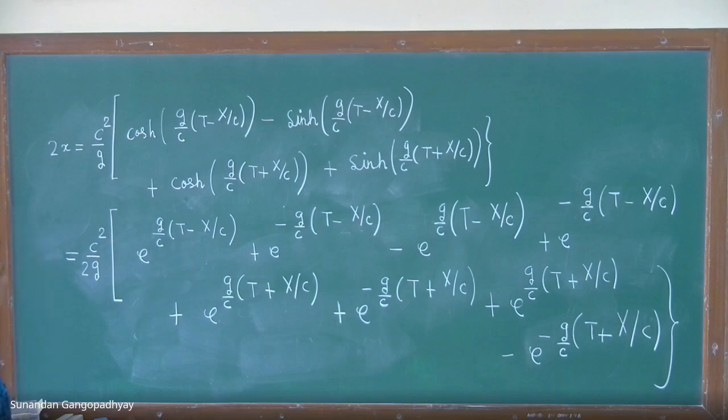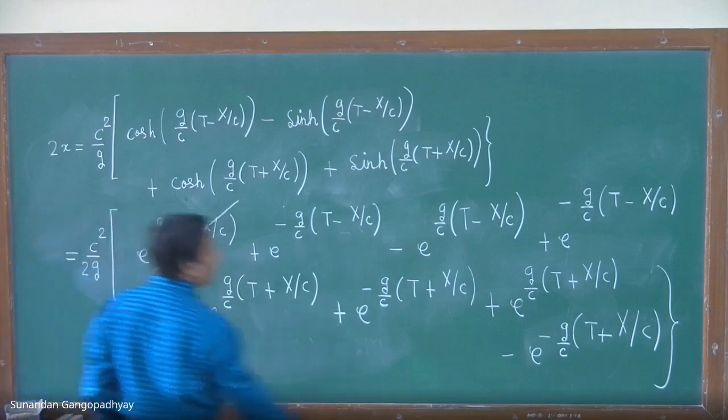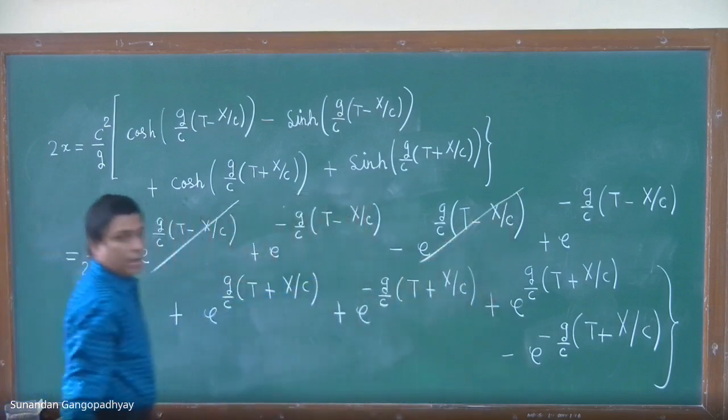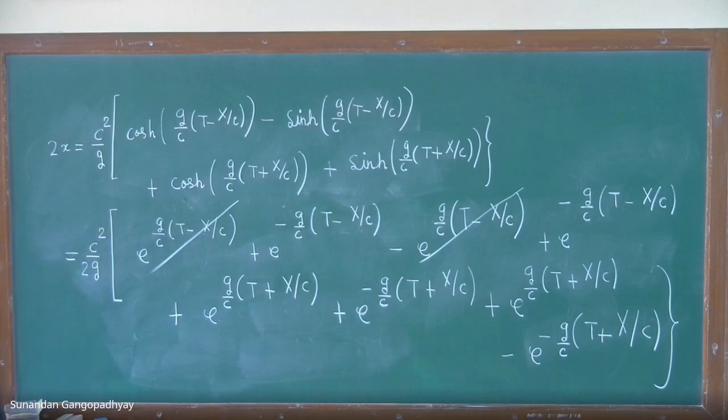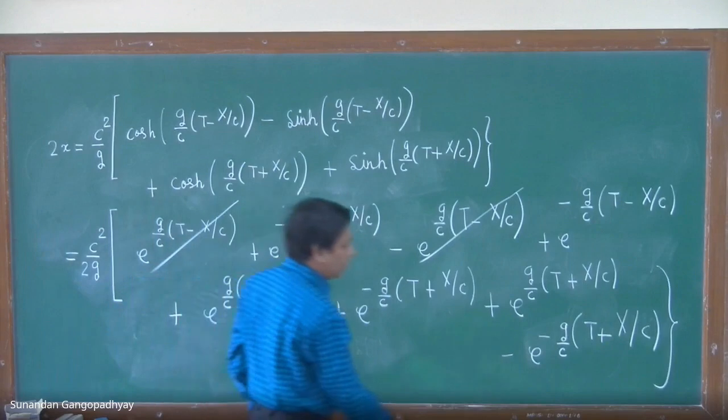So there should be some cancellations now. You can immediately see that this term cancels this term, and this term cancels with this term, and there should be another cancellation. Last term, this will go with this one, right?